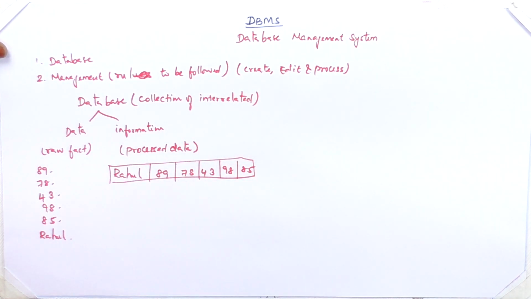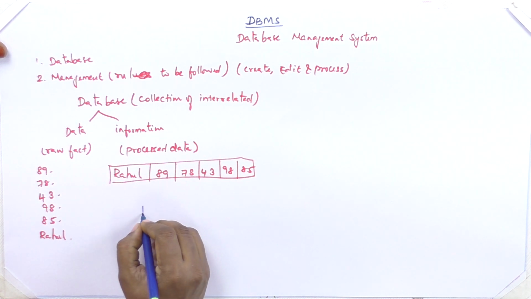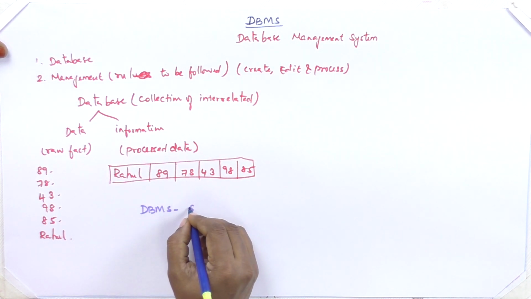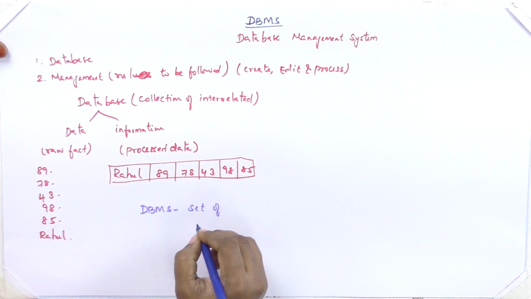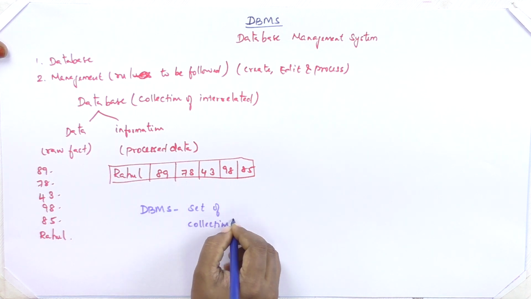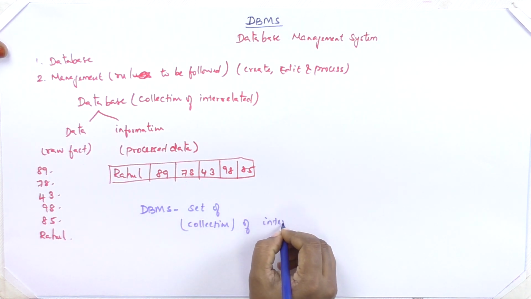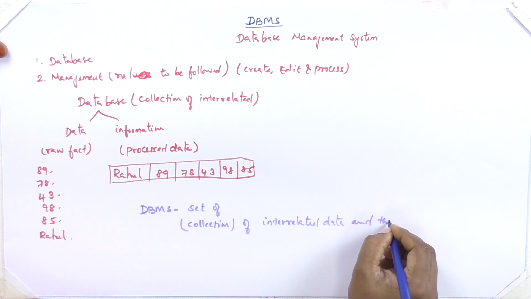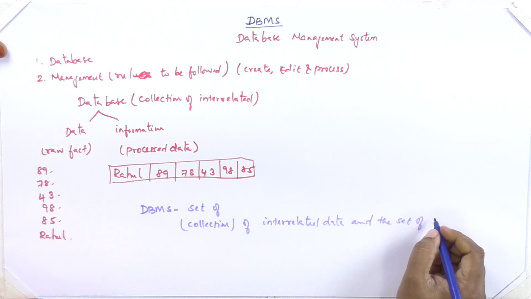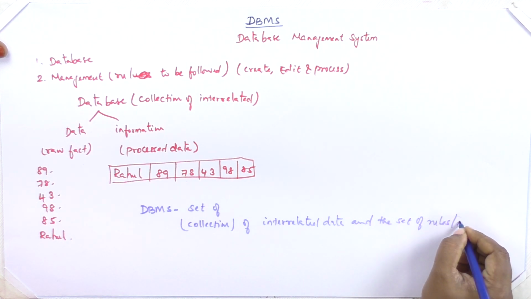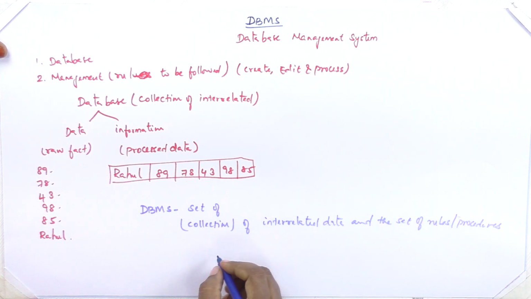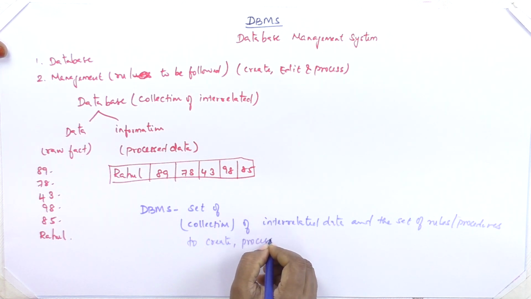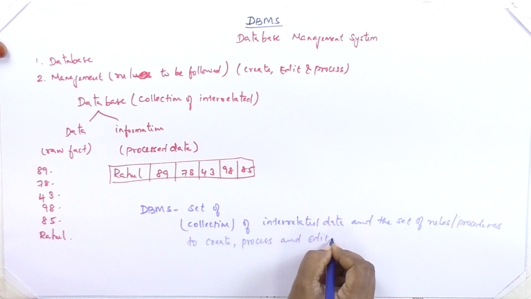The database management system, or DBMS, can be defined as a collection of interrelated data and the set of programs, or the set of rules or procedures, whatever we call it, to create, process and edit the database. So this we can call a database management system.